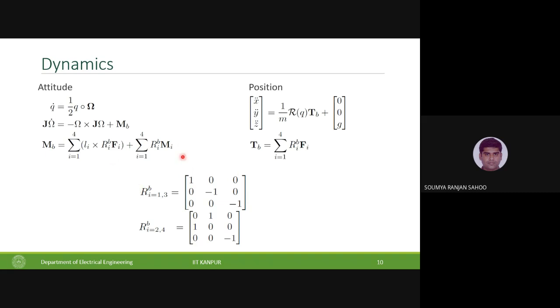With this dynamics, I need something that relates my angular speed and the rotor plane angles to this T_B and M_B. So I need a map that maps the angular speed and the rotor angles to the forces and torques that are considered as input in these two dynamics. We call this the control allocation map. So let's see.